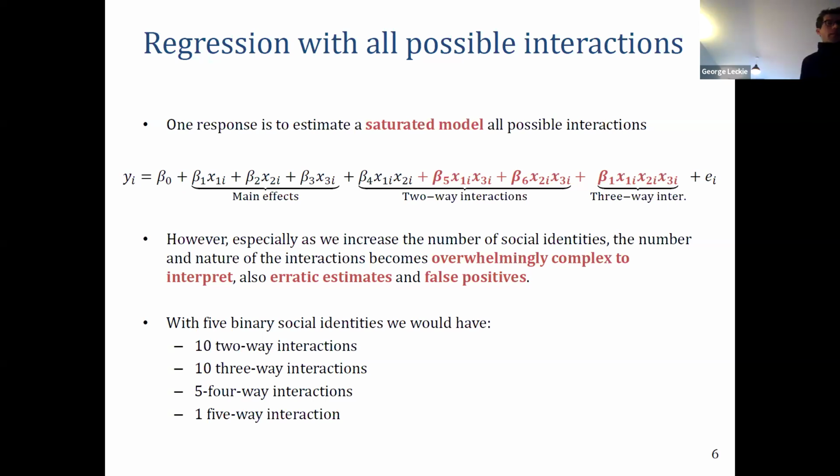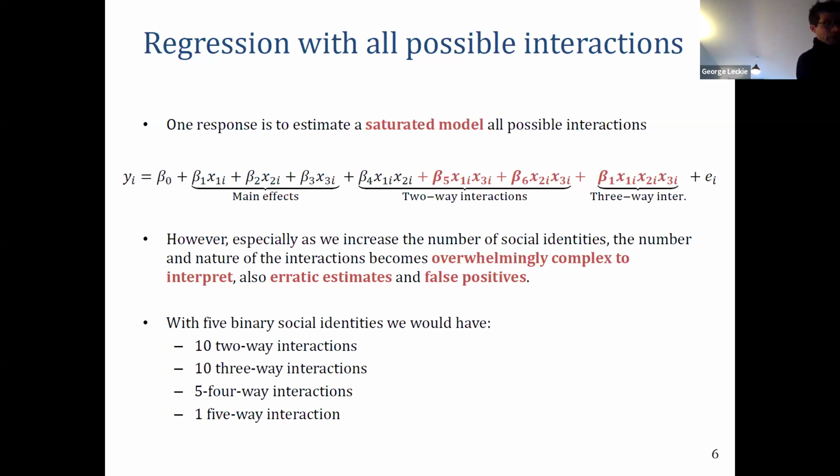Also, some of these multiply marginalized groups can be pretty small. And so what this means is that some of those interaction terms can end up being rather erratically estimated, a bit all over the place. And also with many, many parameters, particularly when you expand from 3 to 4 to 5 sociodemographic characteristics and the corresponding increase in the number of interaction terms, you run the risk of hitting false positives as well.